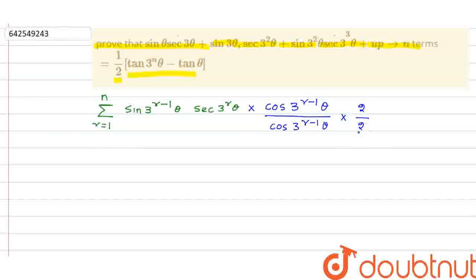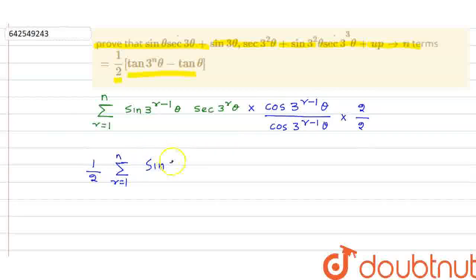Now just take out this 1 upon 2 from the summation part. So this is half, summation of r is equal to 1 up to n. Now 2 sin 3^(r minus 1) theta cos 3^(r minus 1) theta becomes sin 2 times 3^(r minus 1) theta.